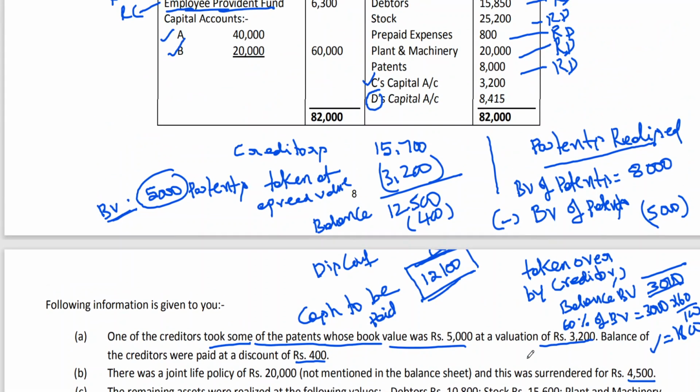So D's deficiency, 25% he is able to bring, 75% he can't bring. That you will know only after opening the account. That deficiency, that loss won't be borne by the solvent partner whose capital account is showing debit balance. That means the deficiency of the insolvent partner won't be transferred to C.